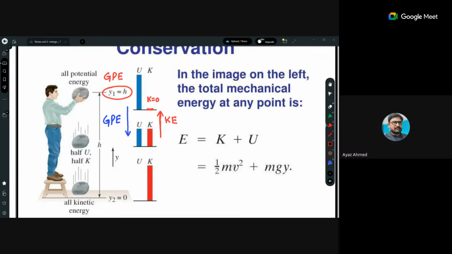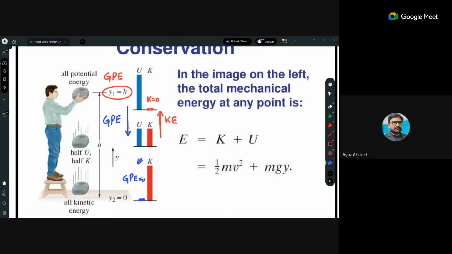So there is a stage when all of the potential is converted into kinetic energy, and that is when the ball hits the ground. Here, no potential at all. GPE is equal to 0.